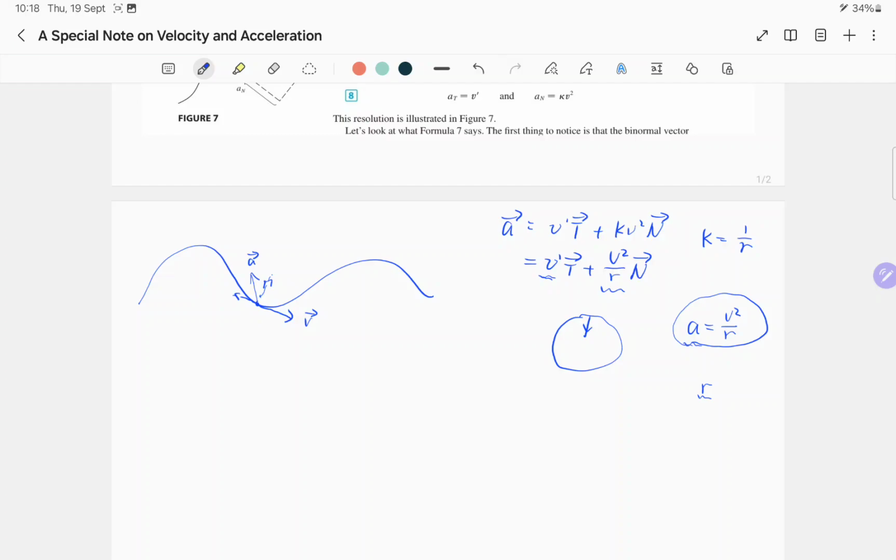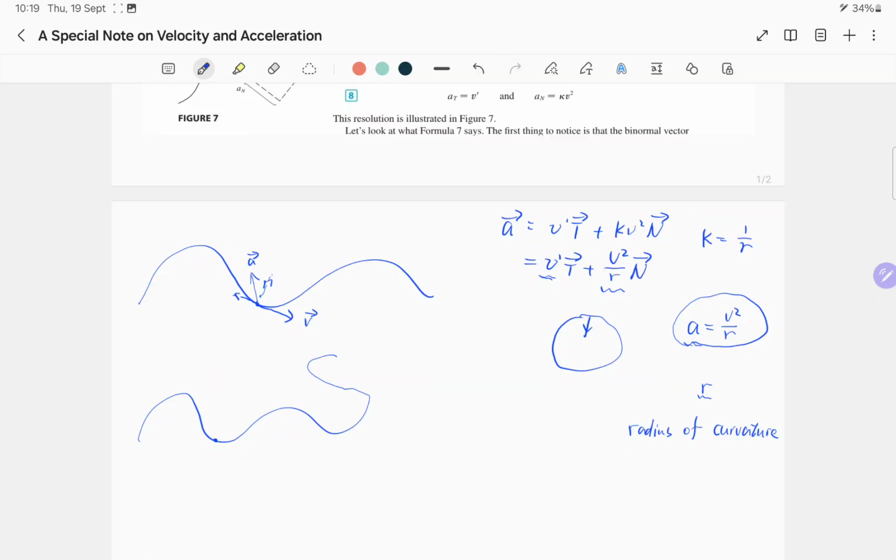Therefore, we can treat this moment at that point as a circular motion with the radius of r. And this r, we call the radius of curvature. So right now, we can treat every single movement as a combination of infinite circular motions.